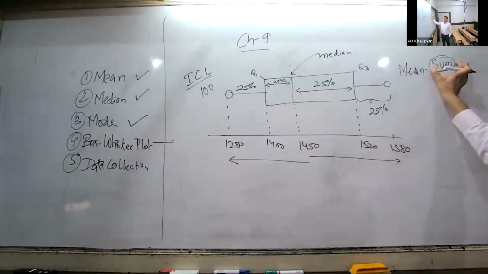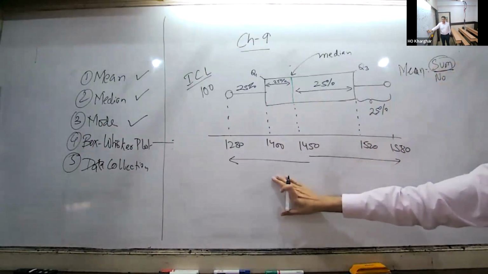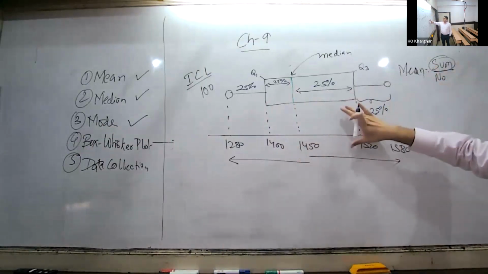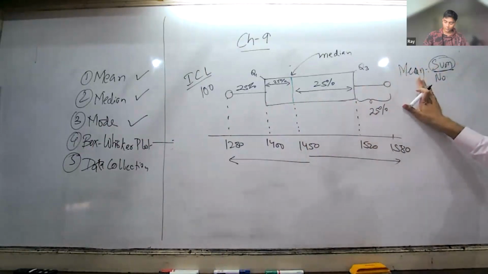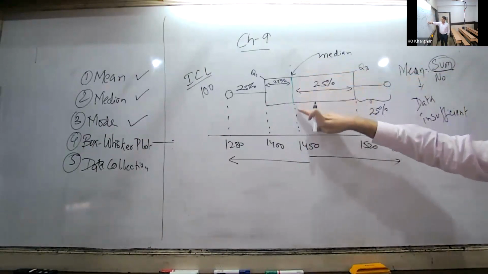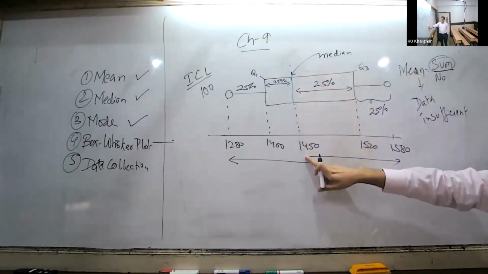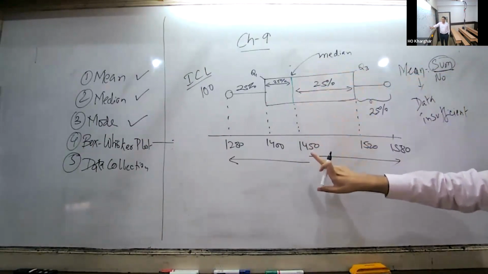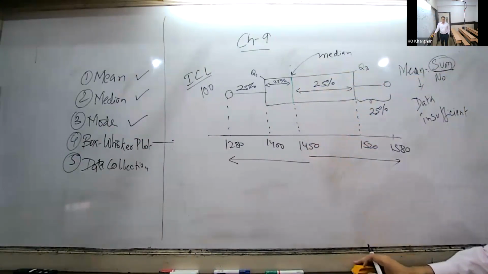I cannot get the numerator. So from the box and whisker plot, the mean cannot be determined. Data is insufficient. I need more information if you want me to find the mean. But the median, yes. Directly by looking at the box and whisker plot, this line gives me the median.